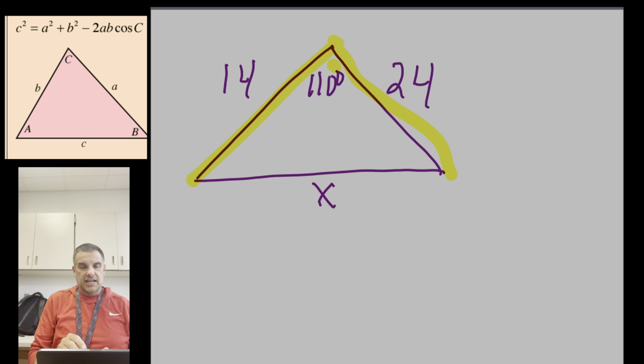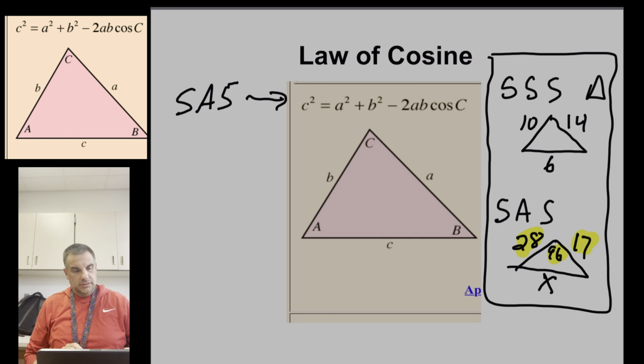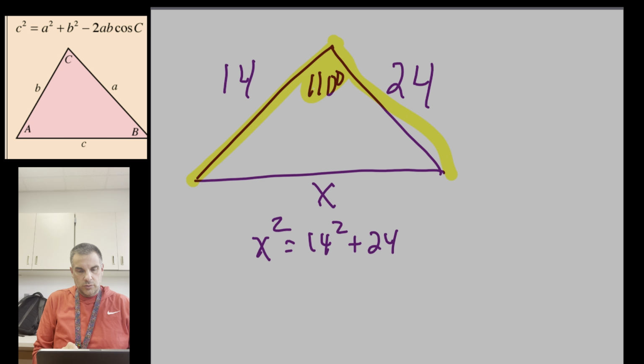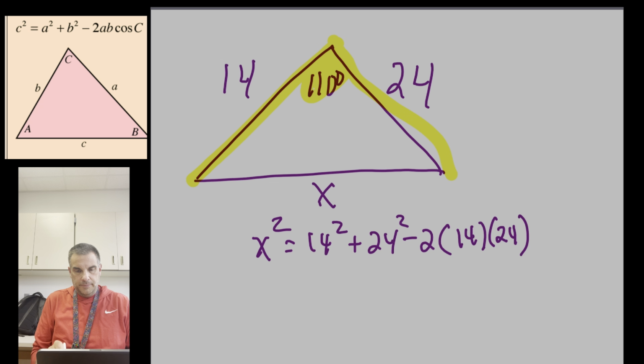Okay, so I've got side angle side, so I'm going to use my side angle side formula. The side that I'm trying to find squared equals 14 squared plus 24 squared minus 2 times 14 times 24 times the cosine of 110.